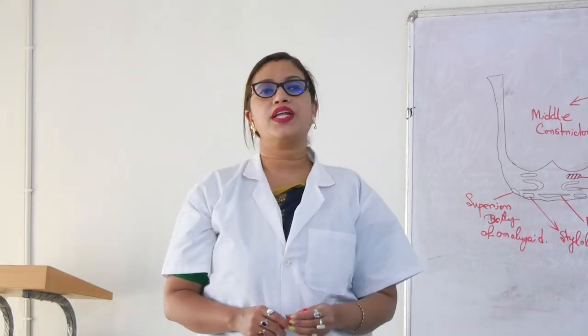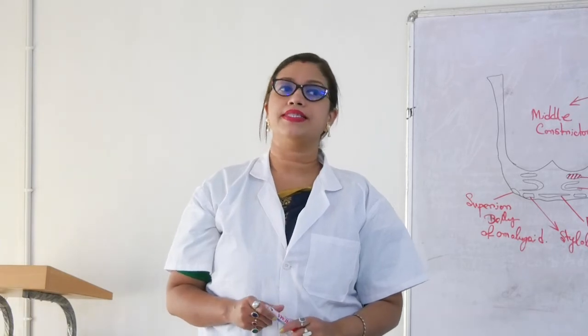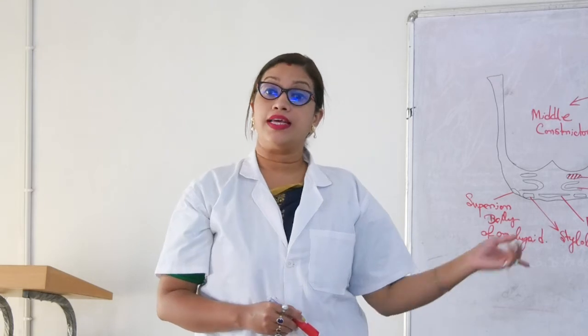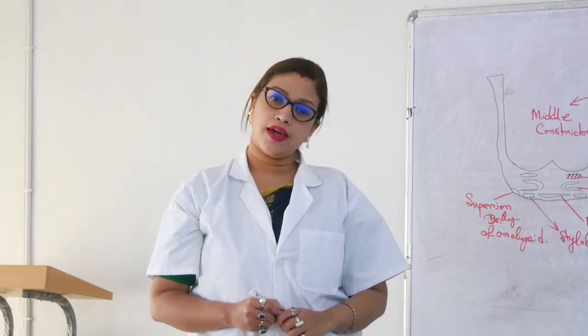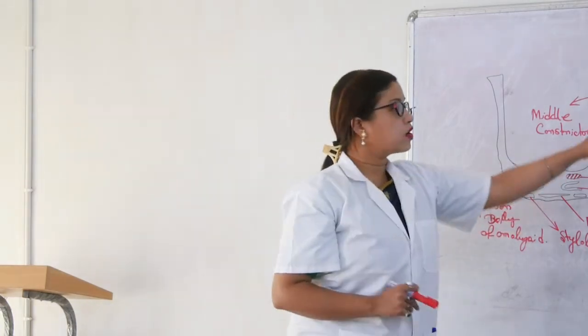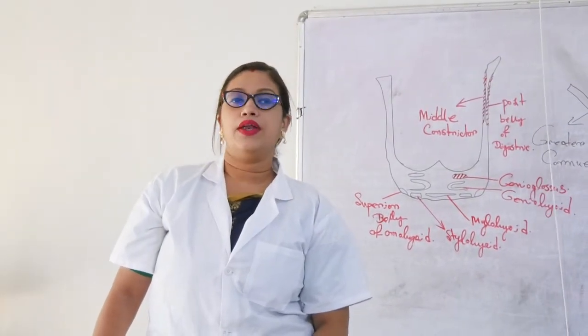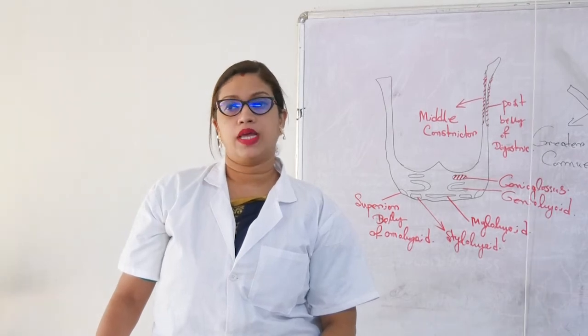Here is one important thing: the stylohyoid ligament is attached to the lesser cornu. Remember it would be ossified after a certain age.